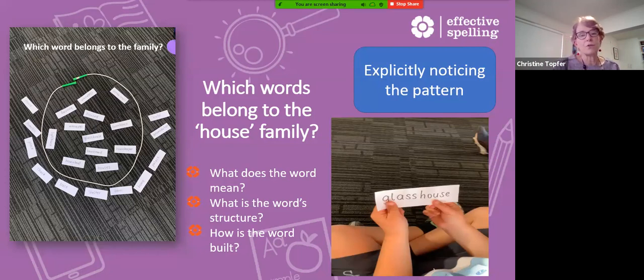What is the word structure? And how is the word built? And so they sat round on the floor and started to have these conversations. They were reminded that to belong to the house family, there needed to be that meaning connection to house, and also that structure connection of H-O-U-S-E needed to be in each of the words.